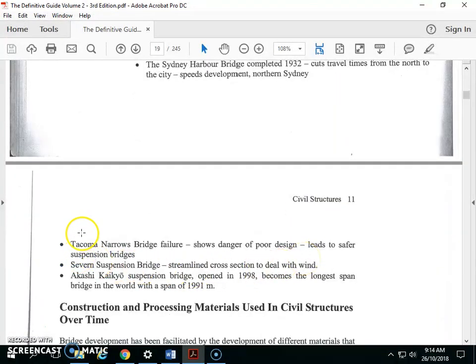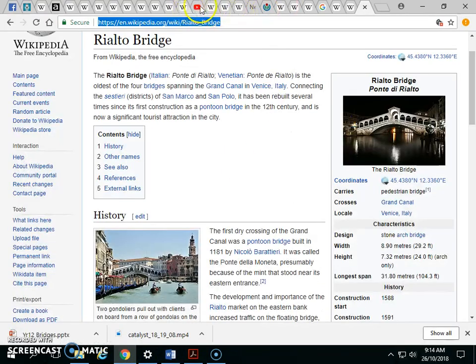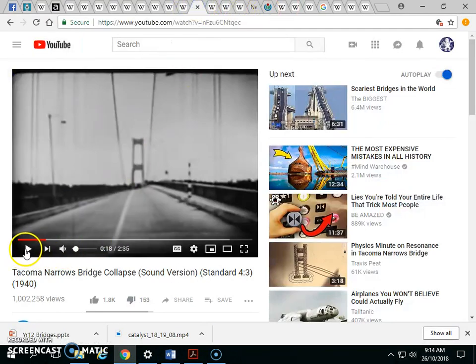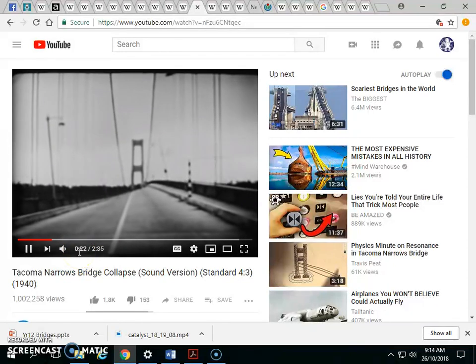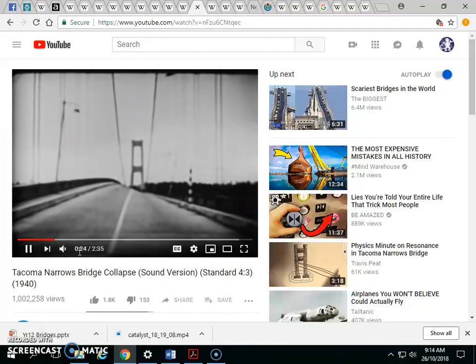We've got the Tacoma Narrows bridge disaster. That bridge was not considered to be serviceable.